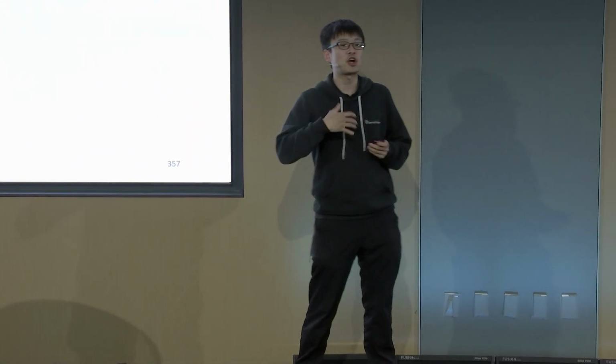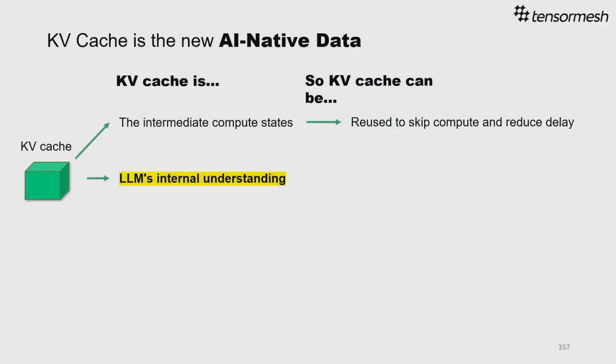So if you cache it, you save cost. But at the same time, it is the model's internal understanding. It's a semantic understanding. It's the model's internal semantics and memory of the context, which means it has semantic meanings in it, and you can approximate any semantic data to make it smaller, to make it more reusable, as we will see in a minute.